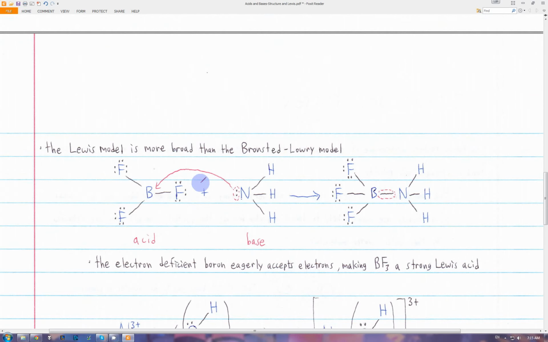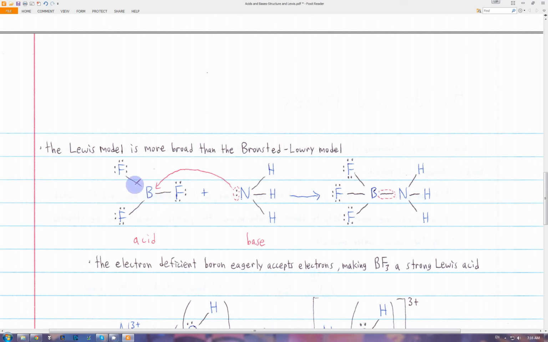So the point of the Lewis model is that it is more broad than the Bronsted-Lowry definition. So for example, we have BF3 and ammonia. This would not be classified as an acid-base reaction in the Bronsted-Lowry model. But in the Lewis model, you can see the boron is electron deficient.